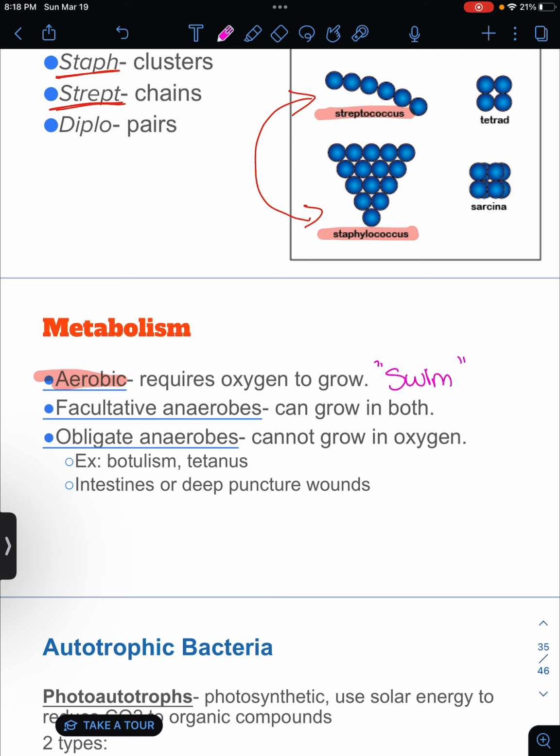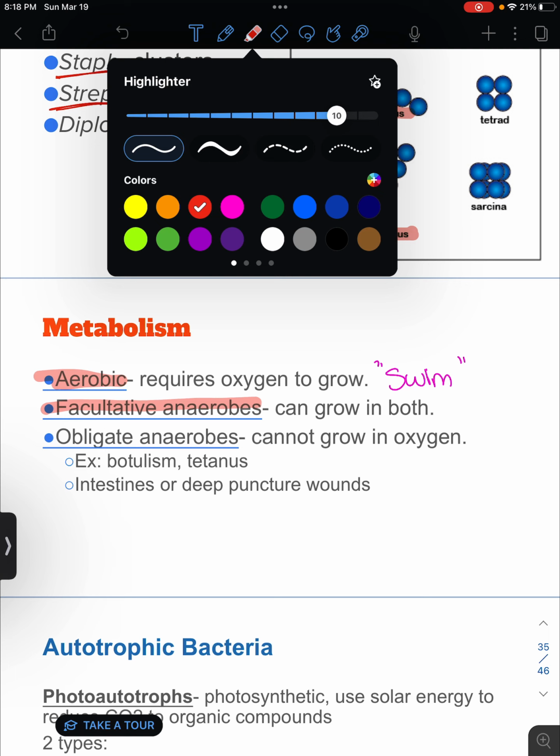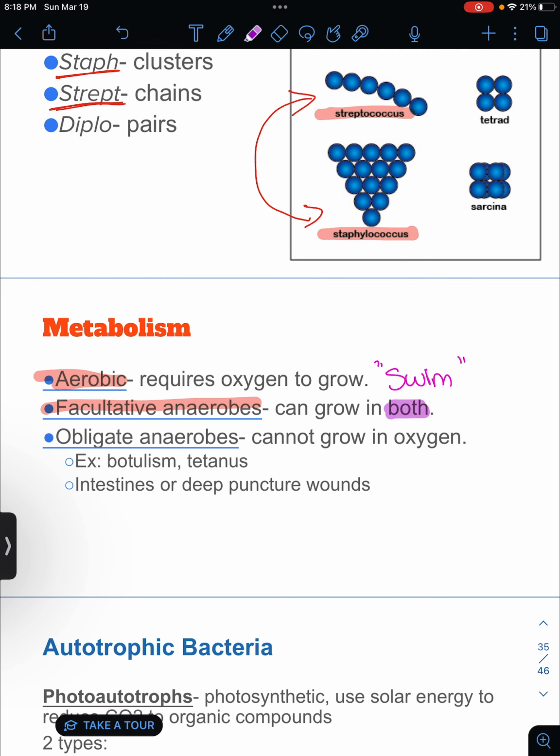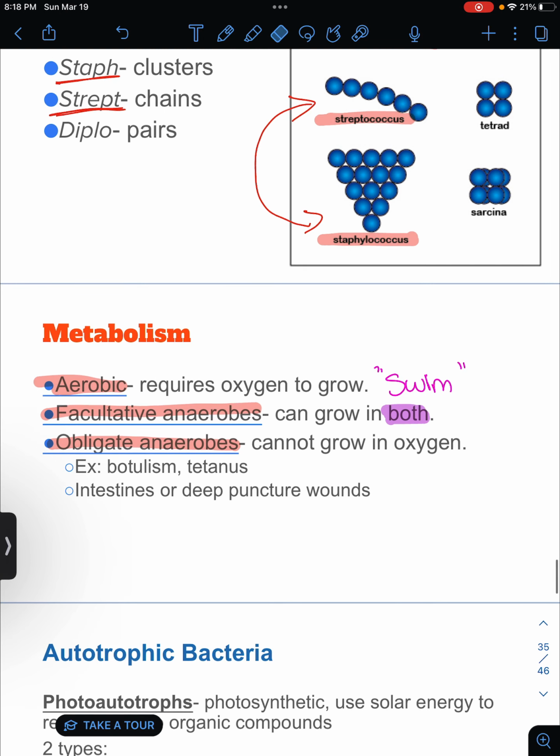There are facultative anaerobes. That means they can do both. They grow in both. And then there are obligate anaerobes that cannot grow in oxygen. So let me erase that swim here.